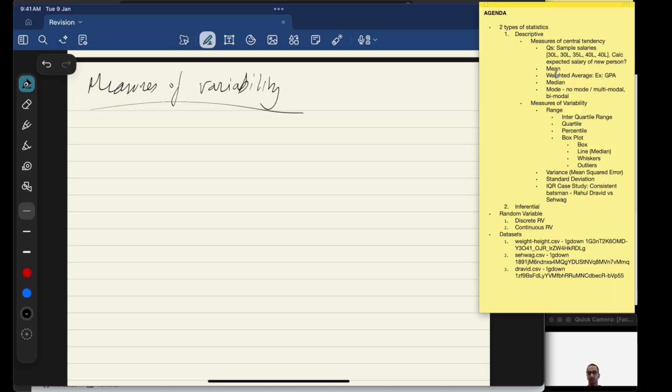As I said in the beginning, variability is nothing but we are trying to find the spread of data around the center, around the central tendency, which is the center, could be mean, median, whatever, right?